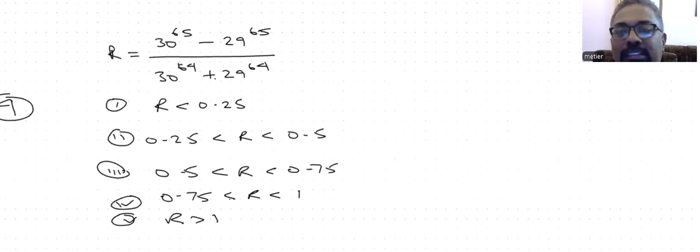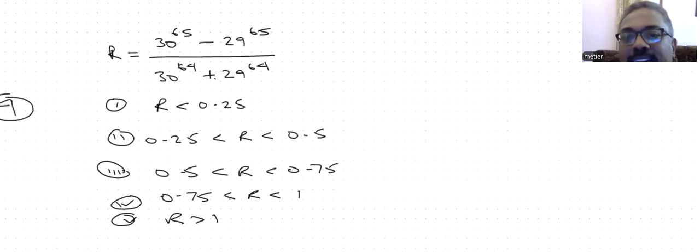Whenever the biggest number is there, go with small numbers, as we have discussed already. You have to go with pattern, to check the pattern. So what idea are we getting? The power in the numerator is 1 more than the power in the denominator. So let's go with the smallest possible power here.